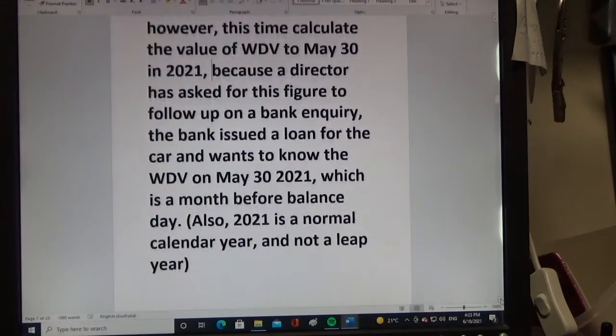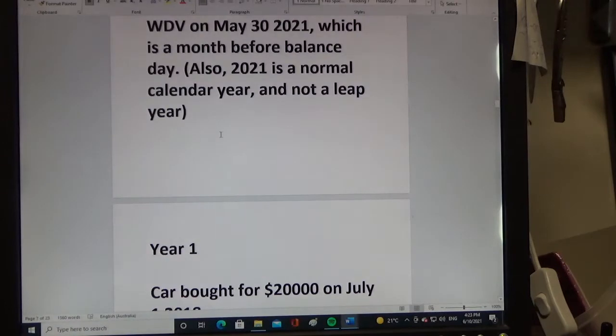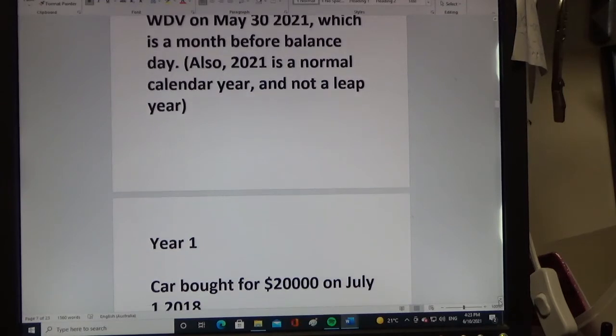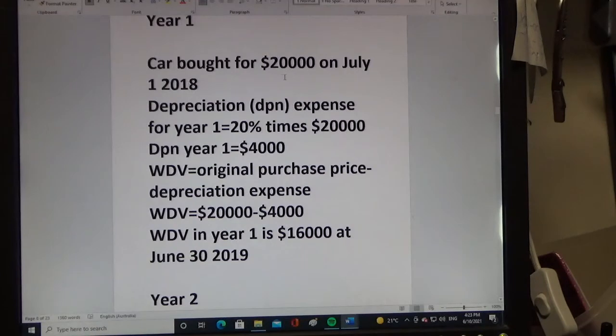So that's the question. And also 2021 is a normal calendar year, not a leap year. A leap year is 366 days and a normal year is 365. I'll get to that. Now, in year 1, the car was bought for $20,000 on that date.